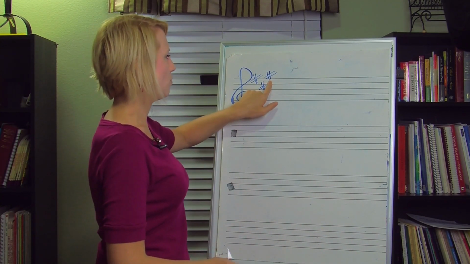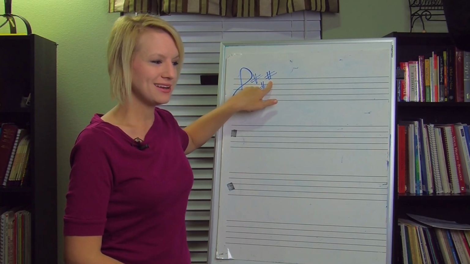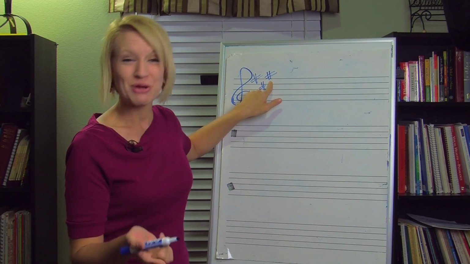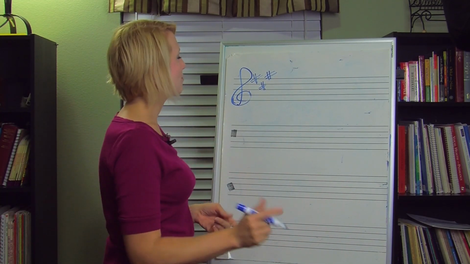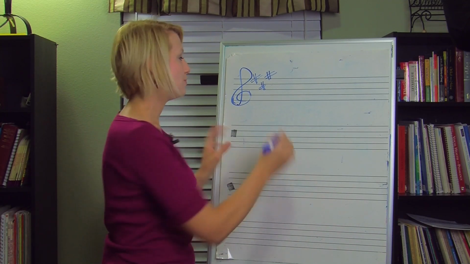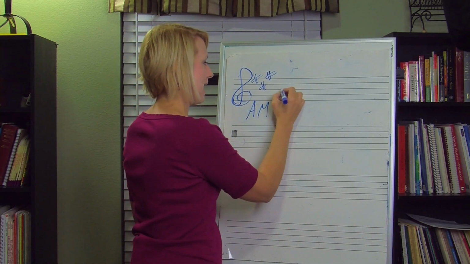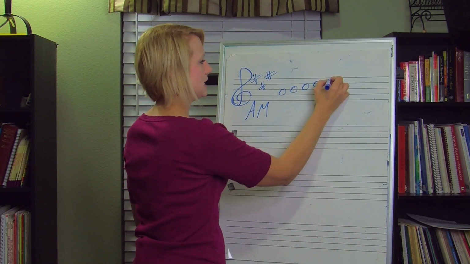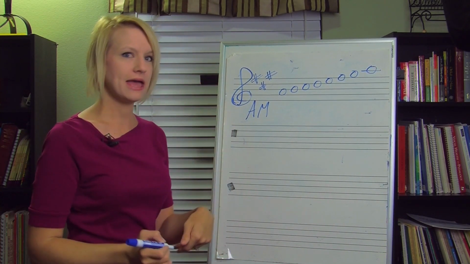So the major here would be, okay, wait, the sharps, what was the trick again? Last sharp to the right, go up a half step. So if my last sharp to the right is G sharp, for my major key I go up a half step from that G sharp. So my major key would be A major. So my scale would be A, B, C sharp, D, E, F sharp, G sharp, A, from A to A.